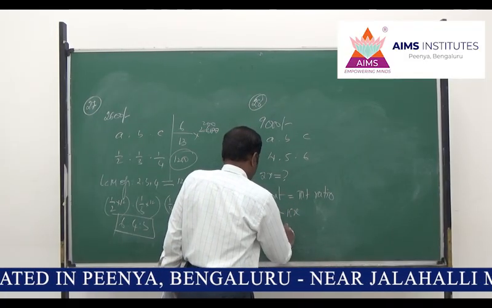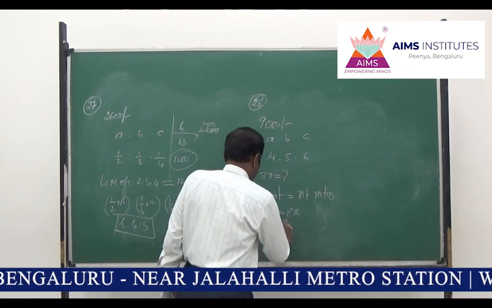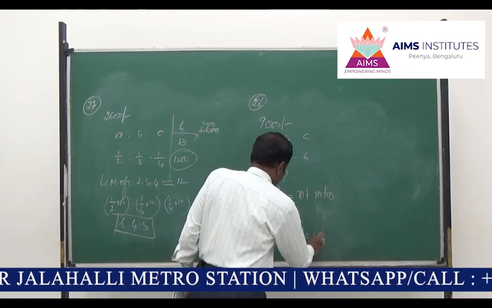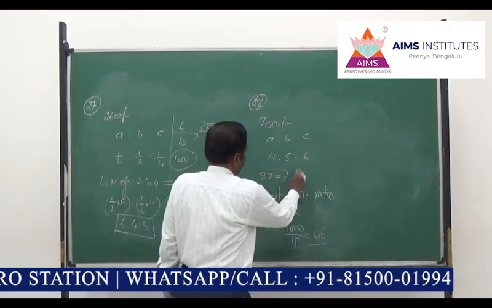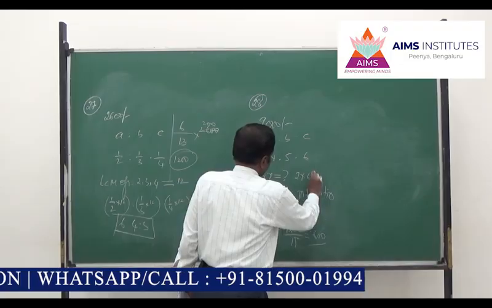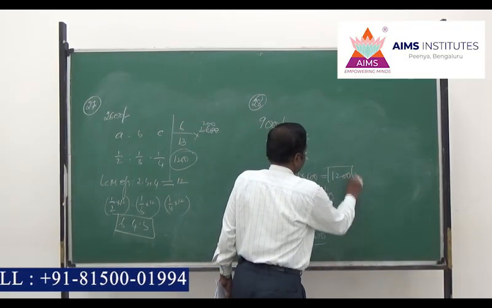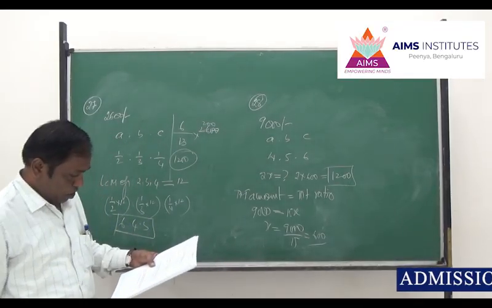It means x equals 9,000 by 15, which is 600. Difference is 2x, 2 into 600, it means 1,200 is the amount. Option D.